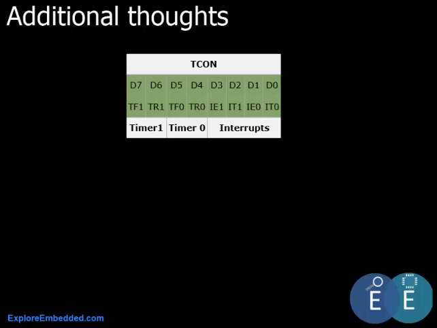In the beginning we said there are two kinds of interrupts. One is edge triggered and the other is level triggered. And if you remember the discussion on timers, we had said that TR0 runs timer 0, TR1 runs timer 1, and TF0 is overflow for timer 0 and TF1 overflow for timer 1.